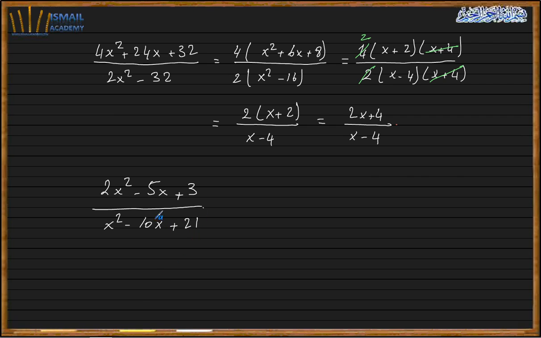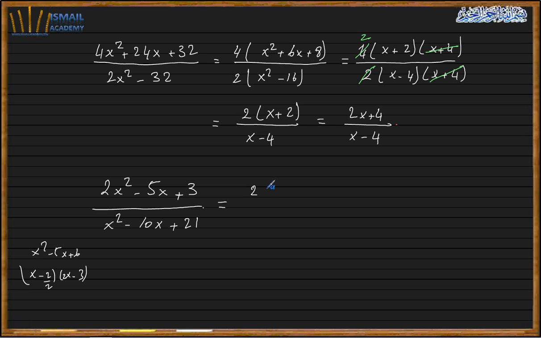All right. So here, when I factor this, if I use the same method, I will have x squared minus 5x plus 6, which is going to be x minus 2 times x minus 3, divided by 2.